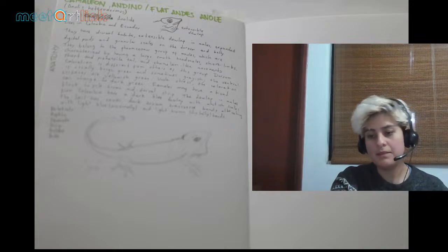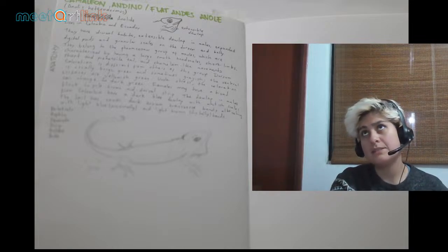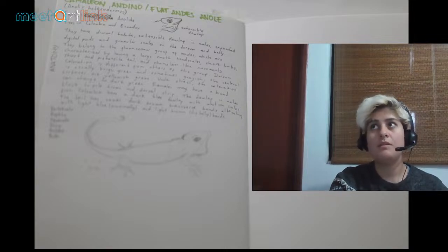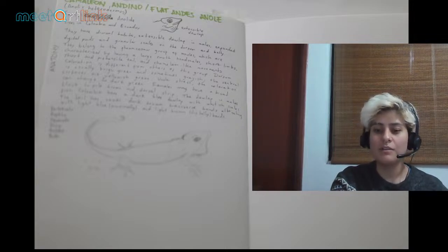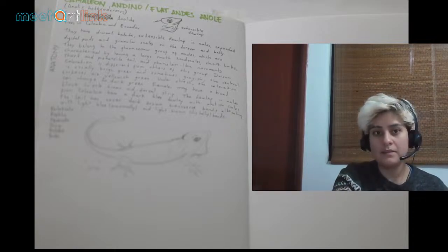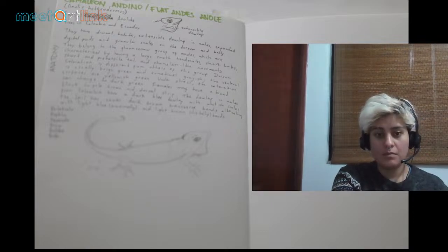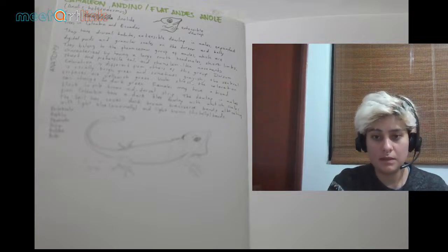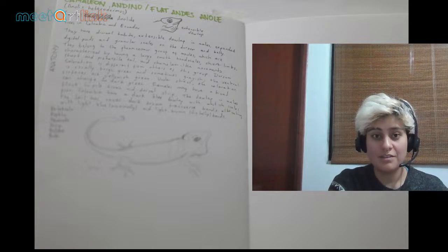Or maybe this also happens in other species: when they're juveniles, the color is slightly different than when they're adults. So if you want to go big with it, you can also draw the juvenile stage, the female and the male, because they tend to be different. But I just want you to see what I mean when I tell you that my species has a lot of changes in coloration.